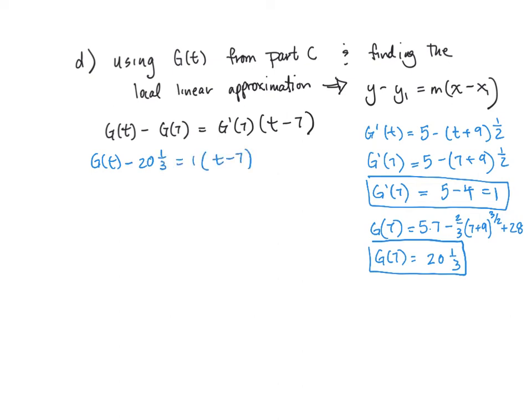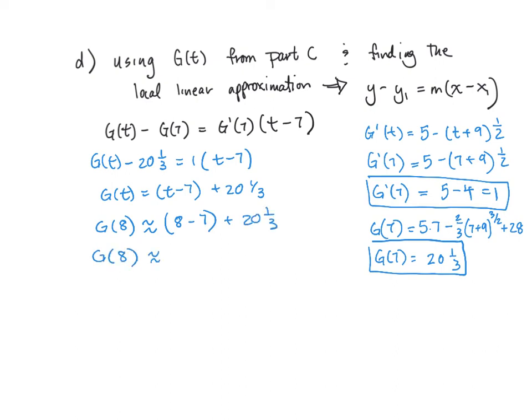G prime of 7 is 1. I'm going to clean this up just a little bit to set an equation for g of t. And I get t minus 7 plus 20 and 1/3. Now we are looking to approximate g of 8. I'm going to put 8 in for t. Algebraically, that's pretty easy. G of 8 is approximately 21 and 1/3.